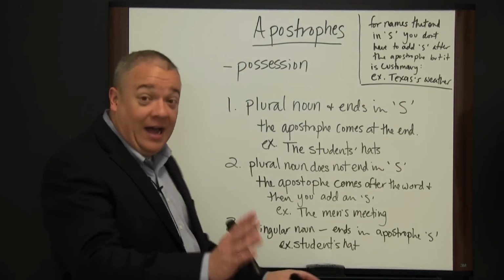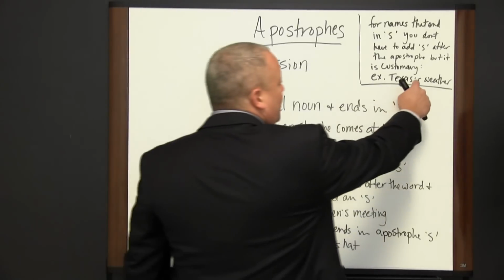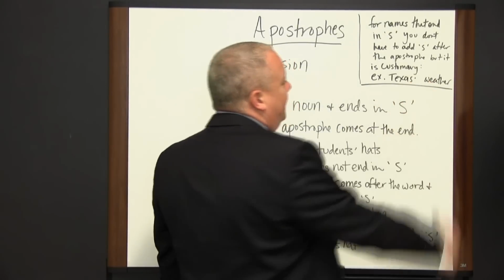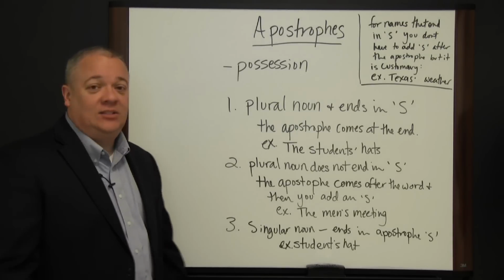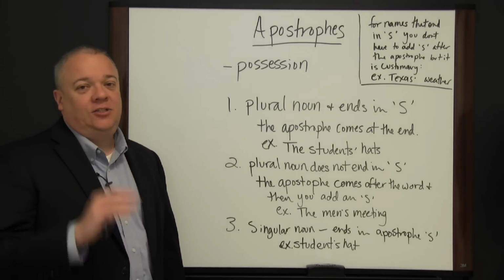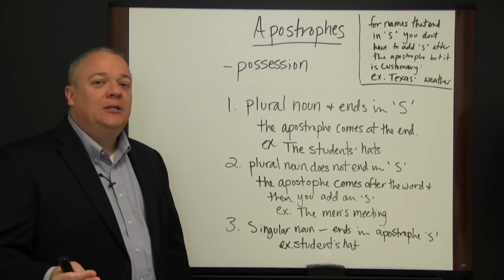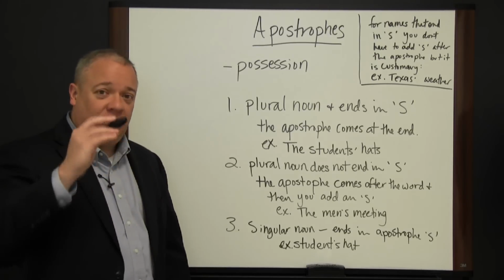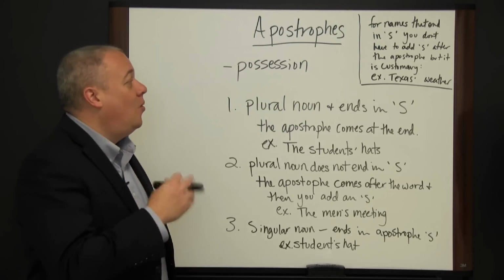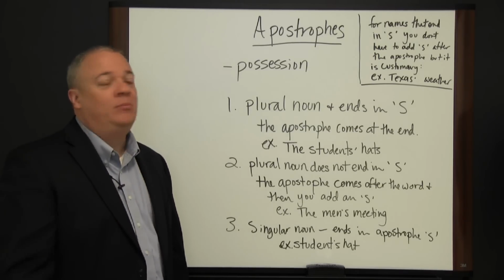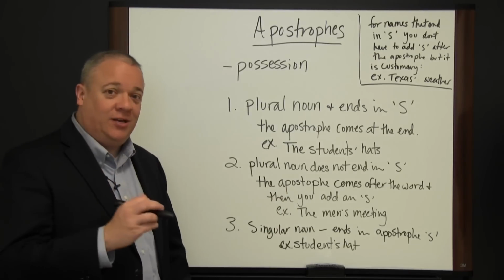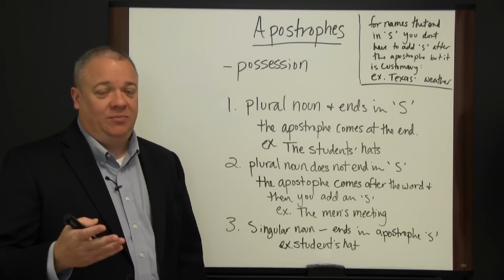Now it would be acceptable if you just put Texas, apostrophe, weather, and people would know it means Texas's weather. And the same with Jones. The Joneses' house, you would put Jones, apostrophe S, or you could put Jones and then apostrophe. Either would be acceptable, so it's not required to put the extra S, but it is customary.